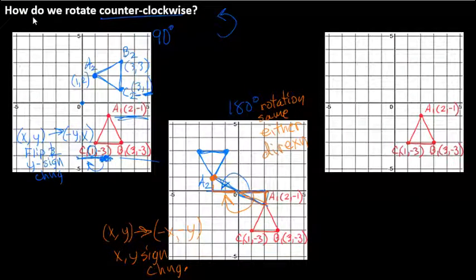One last one. Let's look at 270 degrees. And again, we're doing counterclockwise. Okay, so 2 by 1, starting with the A. And I'm going to end up here. And that's going to be my A2.